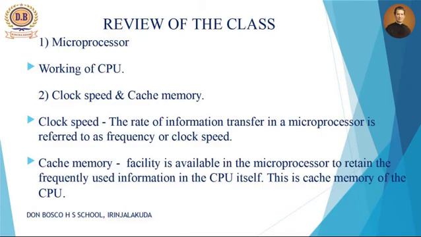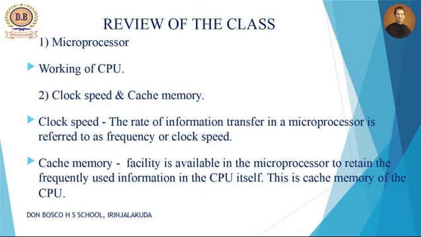The last topic we discussed in today's session is clock speed and cache memory. Clock speed means a lot of information is transferring to and from the CPU many times within a second. That rate is known as clock speed, and it is usually measured in hertz. Cache memory means that when the CPU works, it depends mainly on the primary memory of the computer.